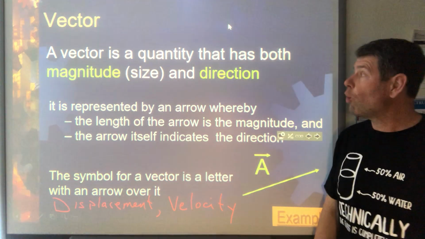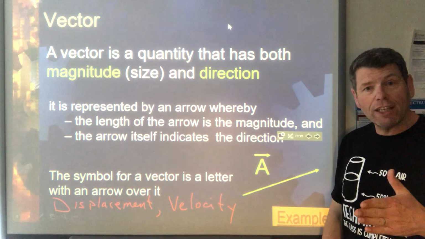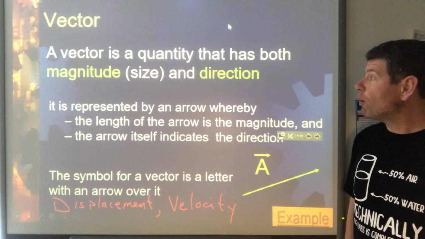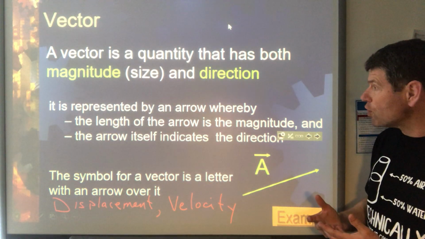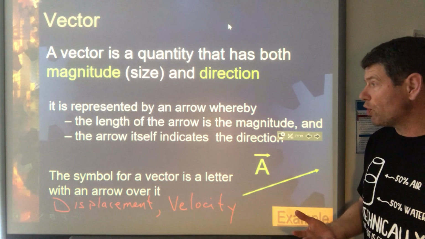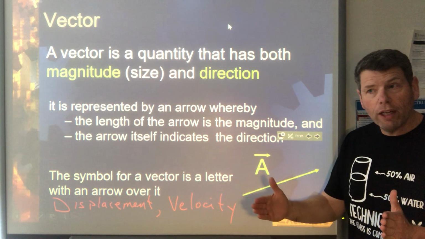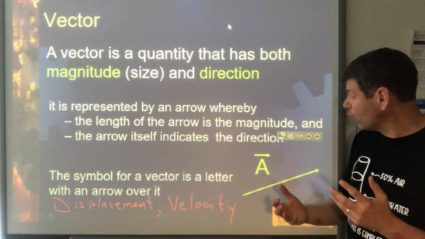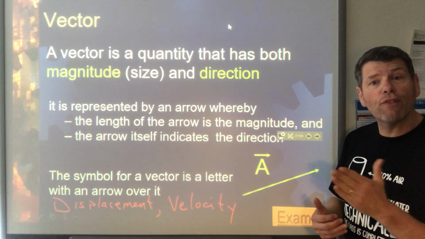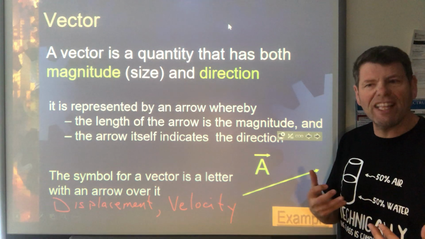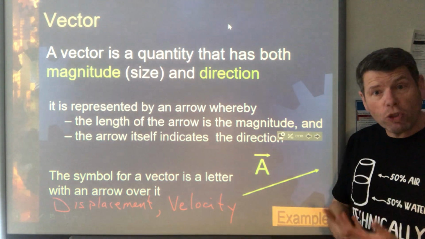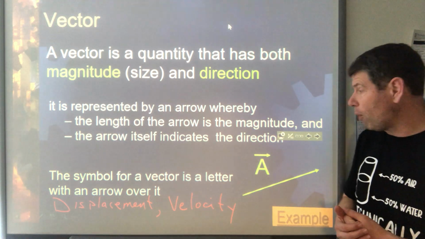A vector is a quantity that has both magnitude, some kind of size, but it also has direction. We can often represent vectors with the help of arrows, where the length of the arrow could represent the magnitude or size of the value, and the arrow can point in different directions, so it gives us a sense of that. And when we're dealing with motion, direction can be very important.